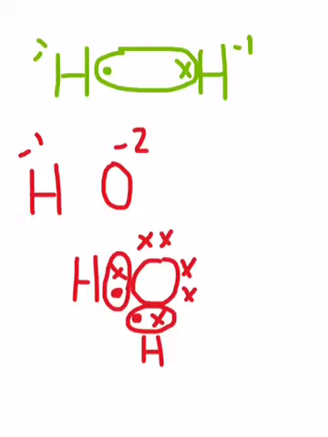All right. So we have one more. We have one more to do, practice, before you get your homework, and that one is carbon and oxygen. So carbon has an oxidation number of -4.